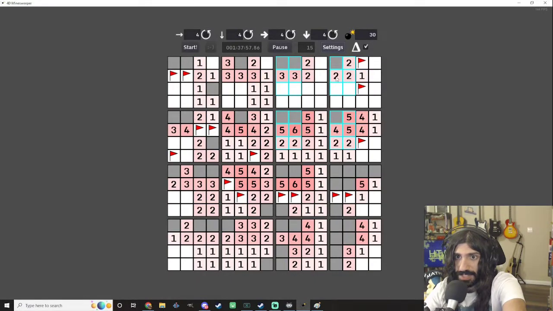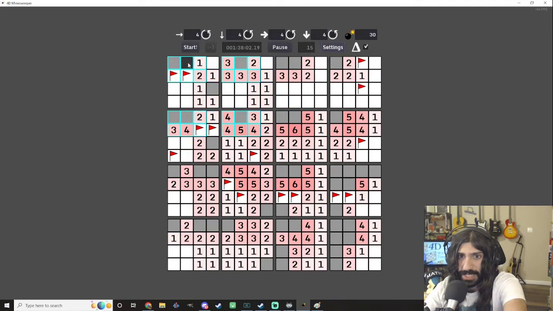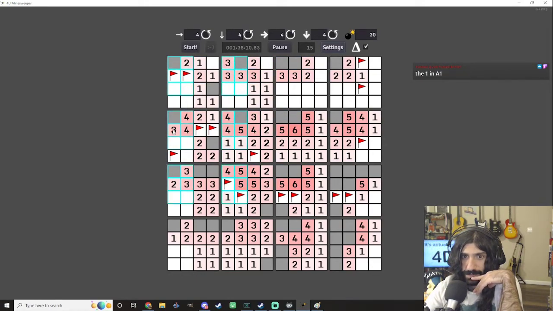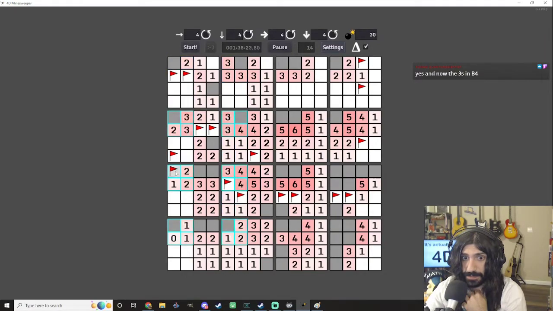Okay, so because of this 2 and this 3, we already know that there's a mine here or here, meaning there can't be a mine here or here. So because we know there's a mine here or there, we also know that there's a mine there or there. Which means that this is a mine for sure, right? Because this tells us that there are 2 here. And this guy adds a single cell and a single mine. Boom. Mine. Easy clap. What's for lunch?